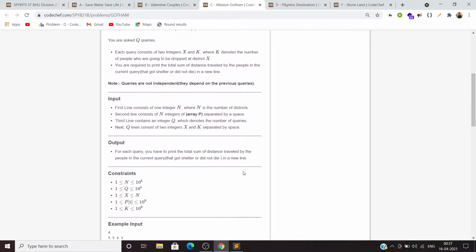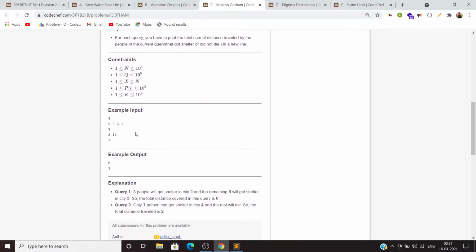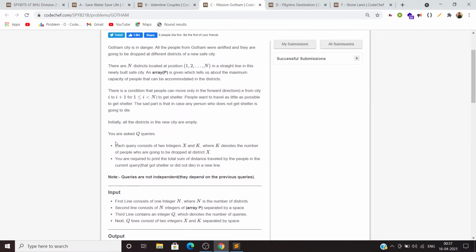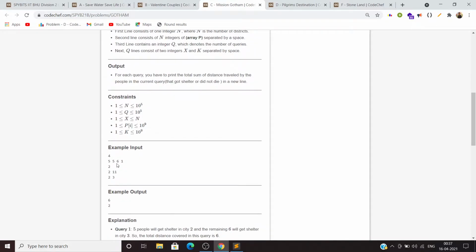What we are given here is n, and we are given an array p. p is saying the maximum number of people that can be put in each city. The maximum number of people that can be put in the 0th city is 5, the 1st city is 5, the second city is 6, and the third city is 1.